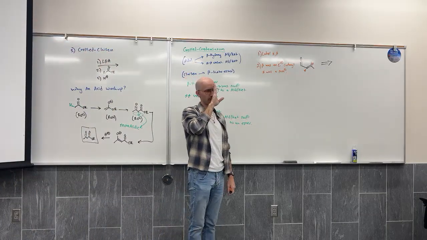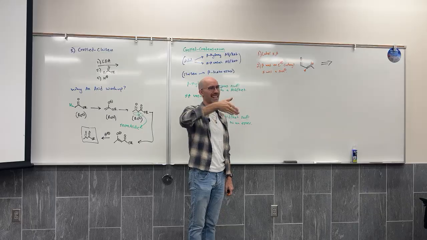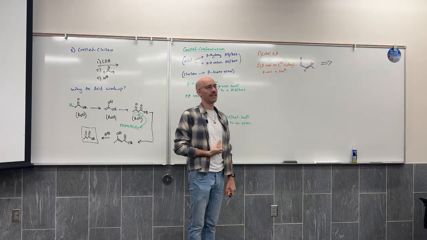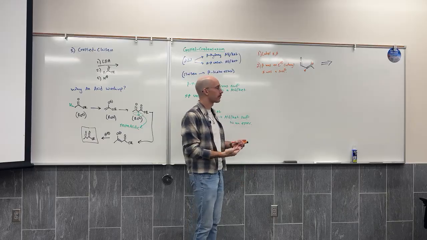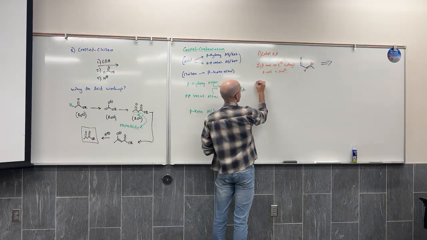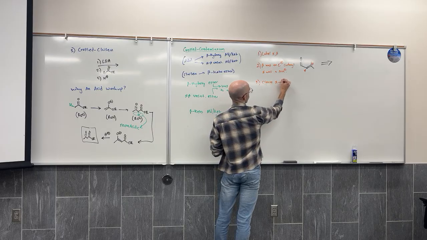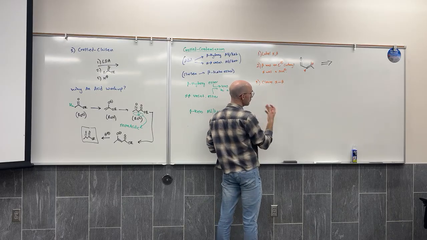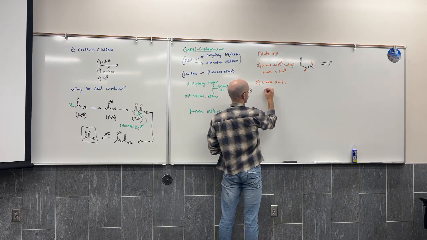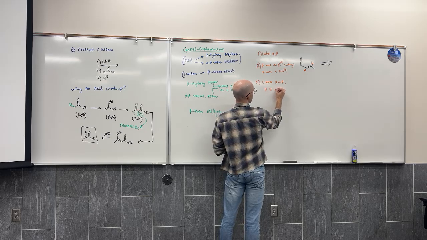That's just a reference. We need to cleave the alpha-beta bond because alpha was a nucleophile that attacked beta. So step 3, cleave the alpha-beta bond and make sure that beta is a carbonyl.